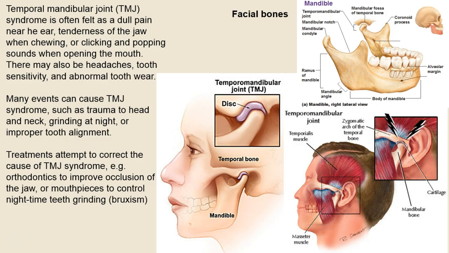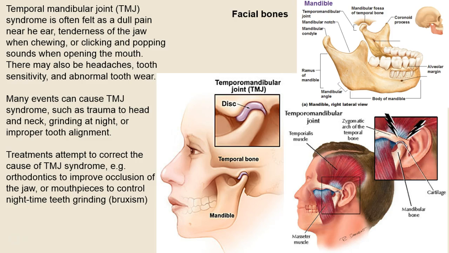TMJ, I mentioned this, and there's a TMJ syndrome, and the symptoms are variable. Sometimes dull pain near the ear, if I could spell right. There we go. Tenderness in the jaw when chewing, clicking and popping, but not always. Okay, sometimes the clicking and popping sound is just the result of bones being pulled apart slightly, and there's fluid and there's cartilage, so you get a sucking sound.